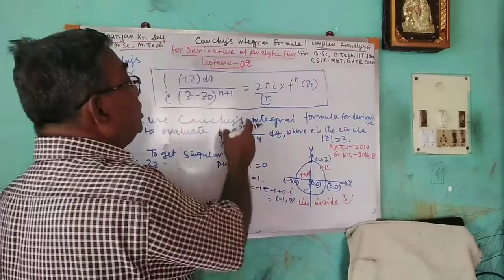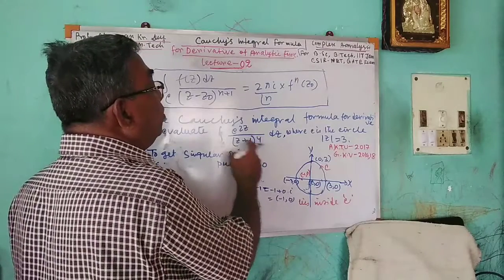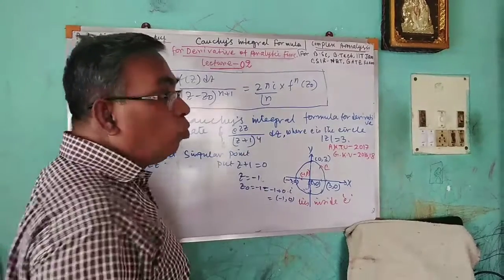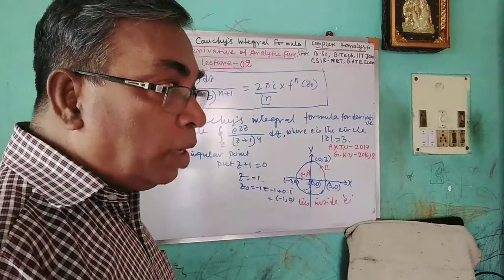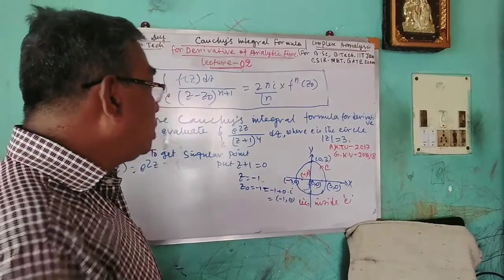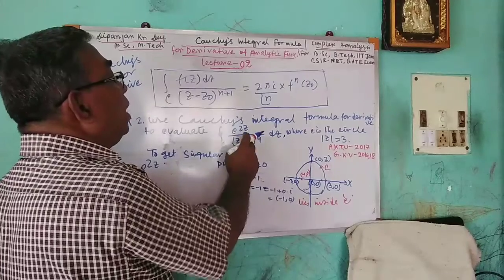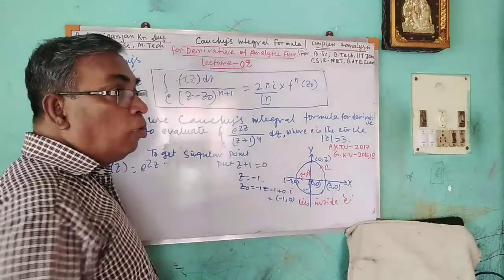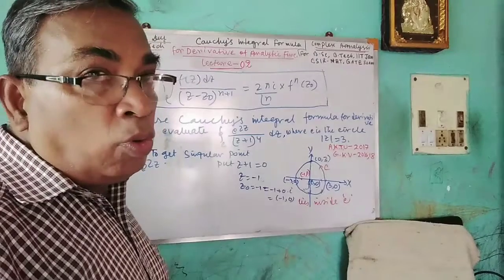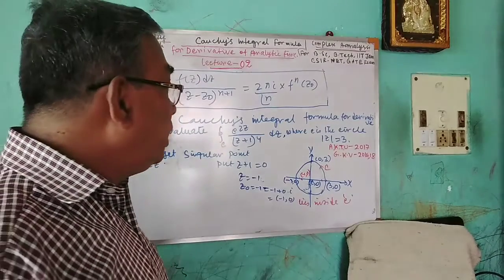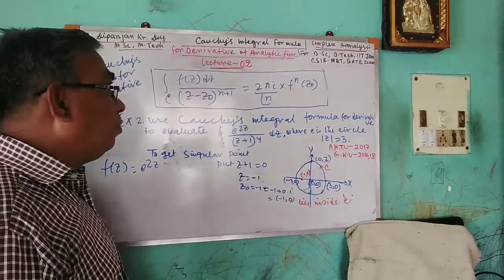Because you see that the power of the denominator, that is Z plus 1, is 4, which is 2 or more than 2. Then we have to apply Cauchy's integral formula for derivative.